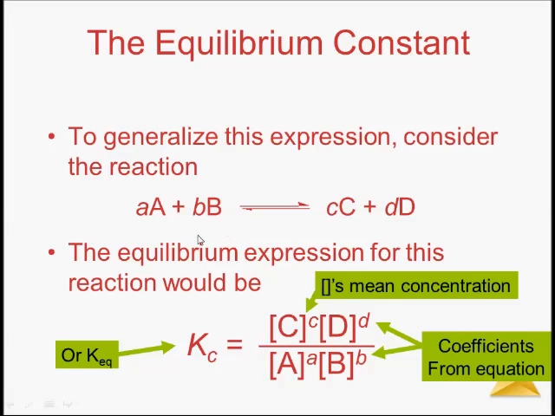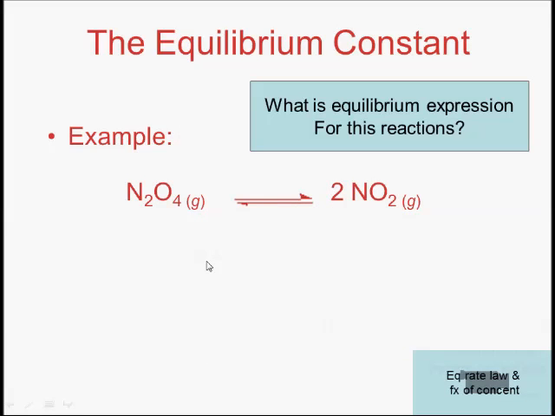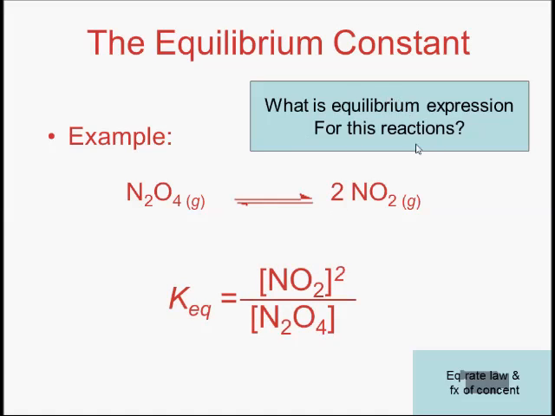So if we have a balanced equation for the reaction, we can always write the equilibrium expression. For example, let's look at our equation that we've been looking at, and we want to know, well, what is the equilibrium expression for this reaction? Well, it's simply the ratio of our product concentration over the reactants. So our product is NO2.